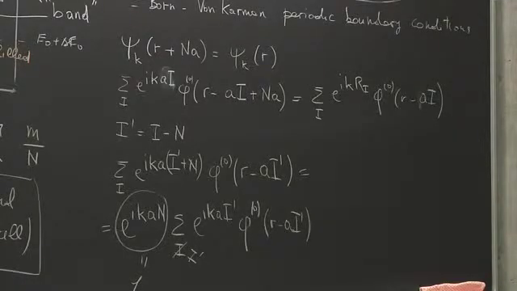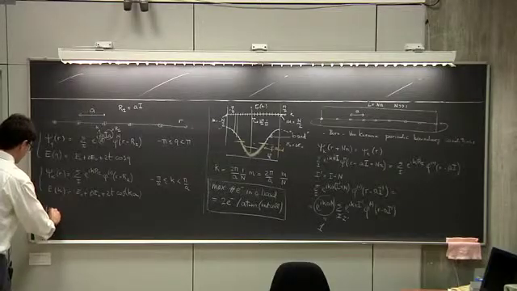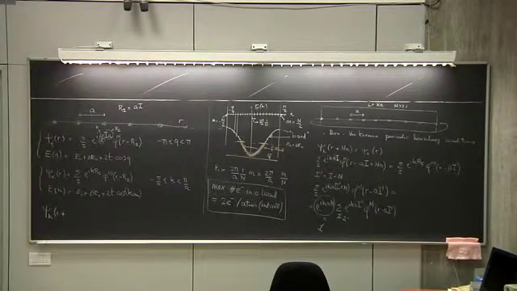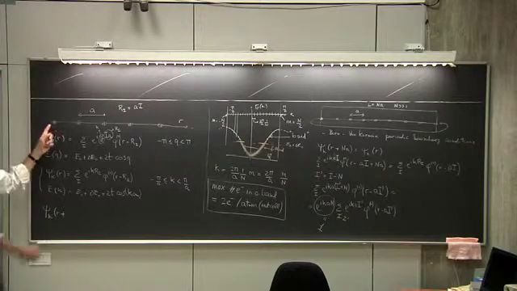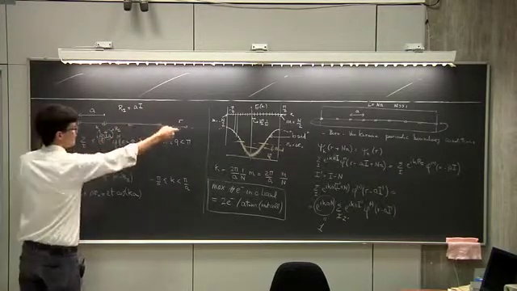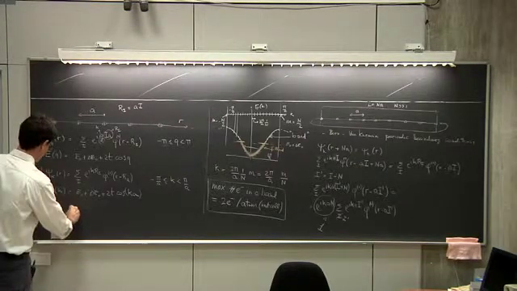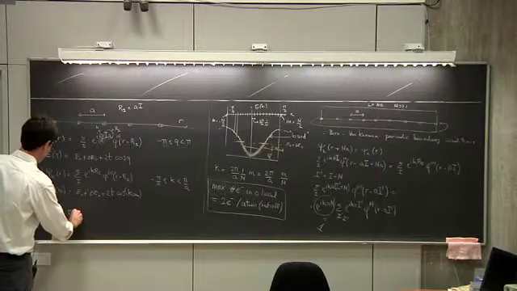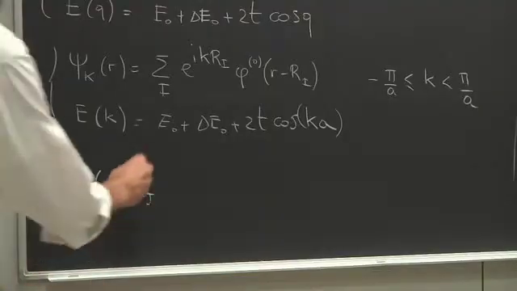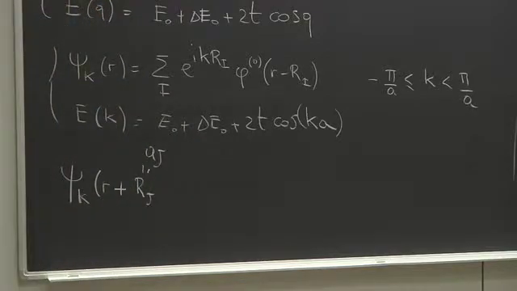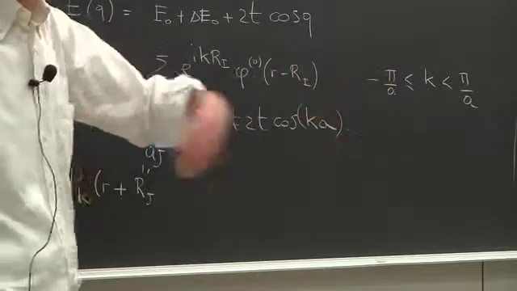So I take my wave function and I translate it by an arbitrary repeat unit. So R_j is a times j. I take my unit cell and I just translate it by some j units.